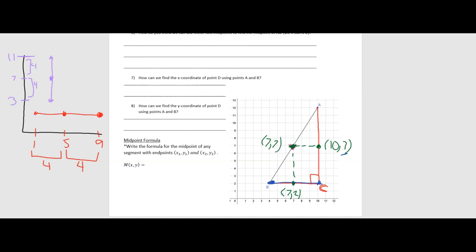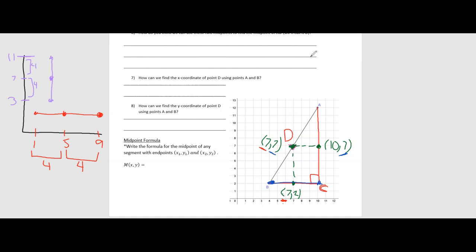And if you take a look at these x-coordinates, the x-coordinate for this green point down here was 7, and the x-coordinate of our new point, we're going to call that D, because that's the midpoint, is 7. The y value of our vertical segment was 7, and the y value of our midpoint was also 7. This would work every single time.